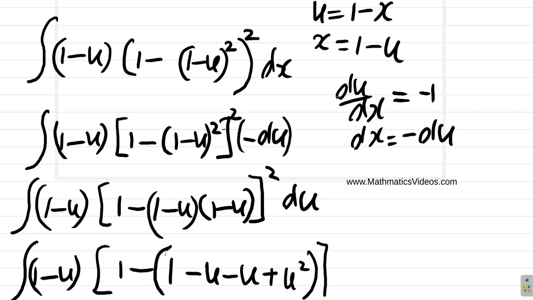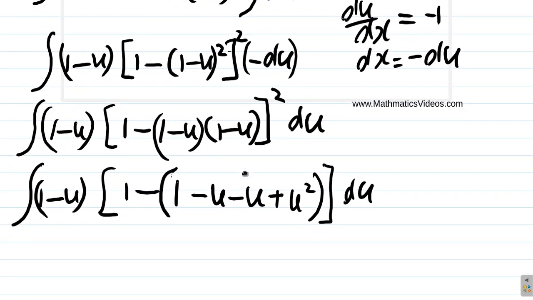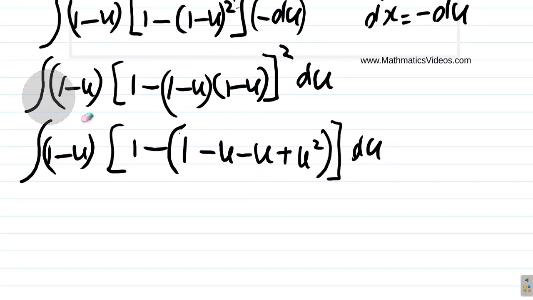Du. Let's close the bracket. But negative u minus u is the same as minus 2u. So let's change this to minus 2u. Okay, good, squared.